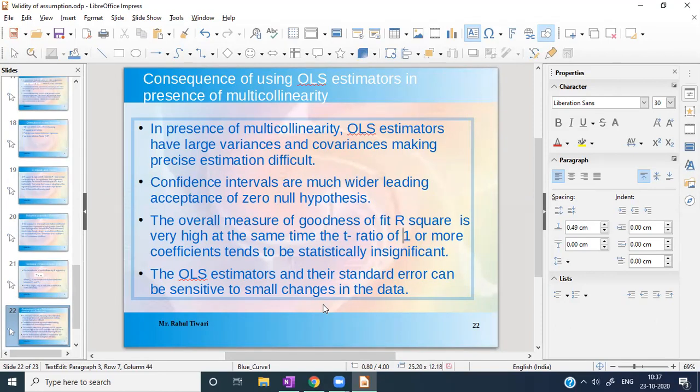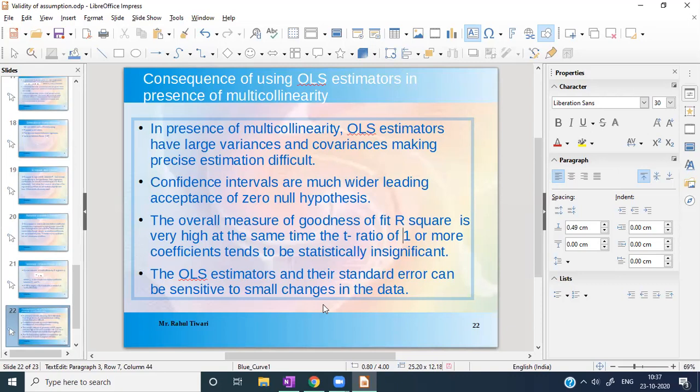So even if your R square value is very high, using the t test you may still get some coefficients which are statistically insignificant, which means I can say betas are equal to zero.